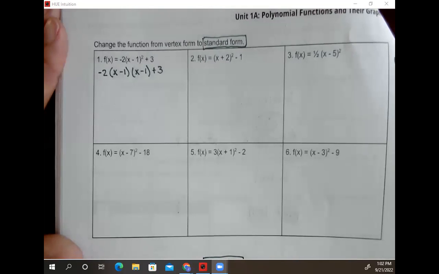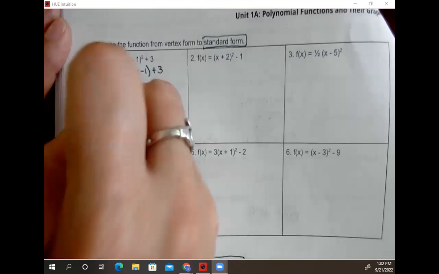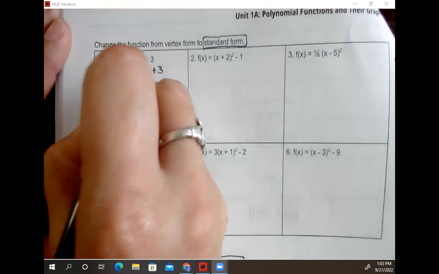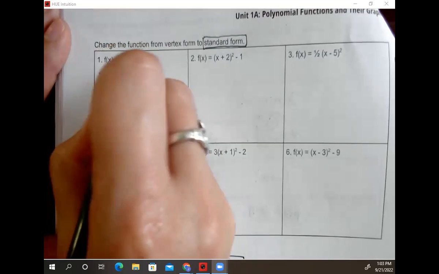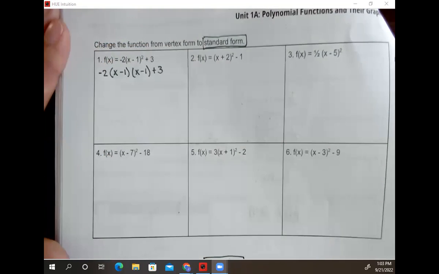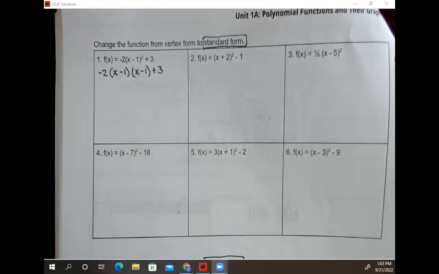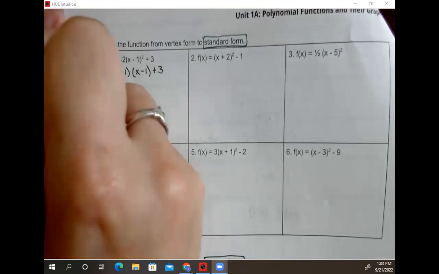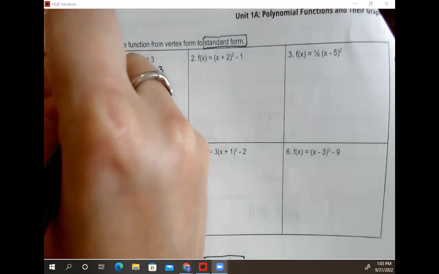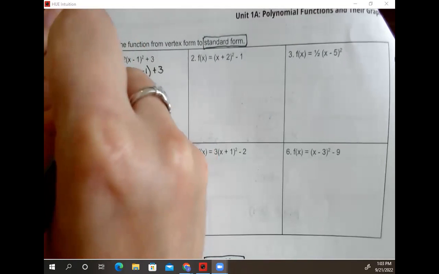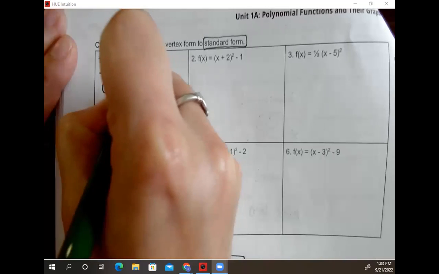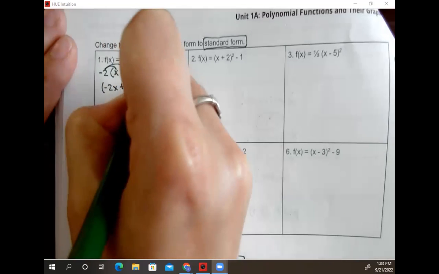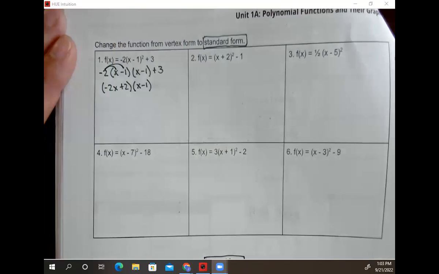Now we can start multiplying. Once I have everything written out, then you can multiply. Do not distribute something into a thing that has an exponent. So do not distribute the lead coefficient in here. It has an exponent. You need to write it out first. So I'm going to distribute this -2 first. That would be -2x plus 2. And now we multiply by this other x minus 1.